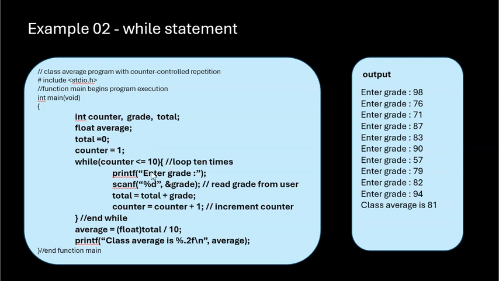Yes. Then we print enter the grade. Now the user enters a value, and we add that value to our total. Our total was 98. Now we add the grade entered by the user and update the total. Now we can increase the counter again and run this loop.